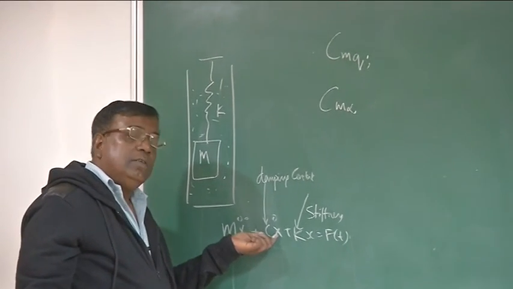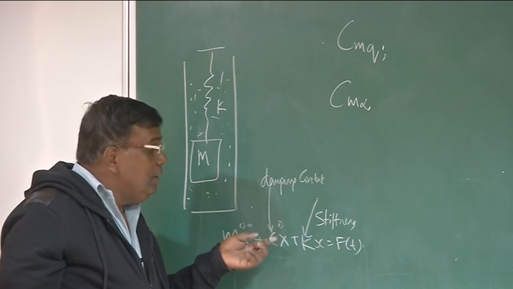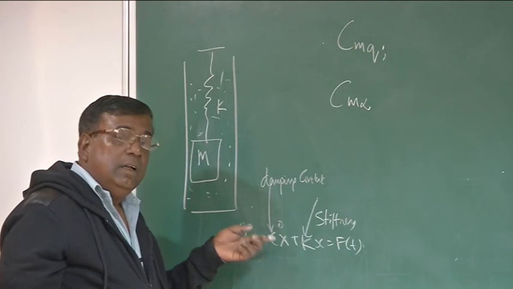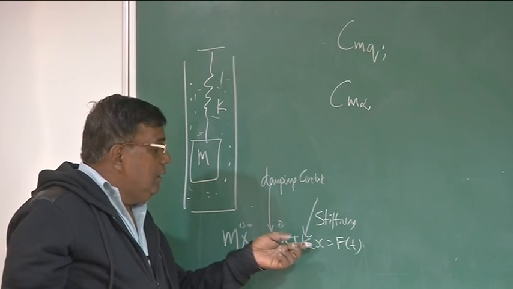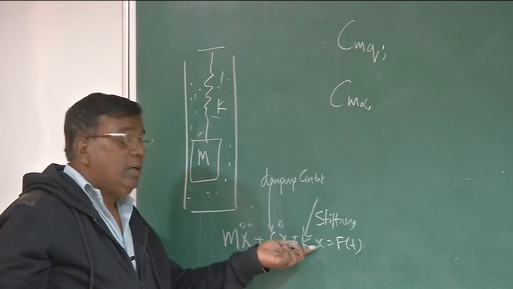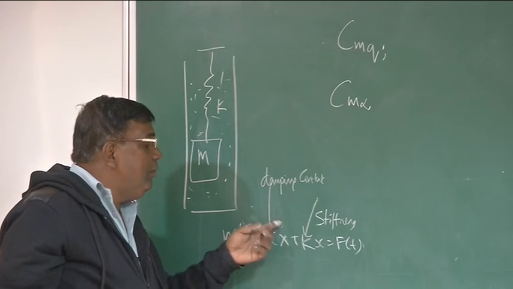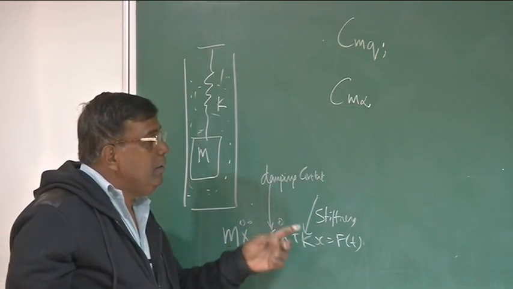The restoring force or moment is proportional to the rate of change of displacement. So this constant is the damping constant. And the constant which tells you the amount of force or moment which is proportional to the displacement only, that is stiffness. So this is rate of change of displacement and this is displacement.